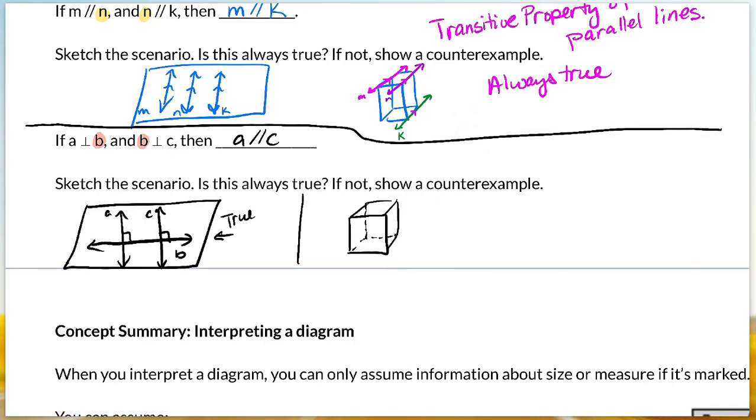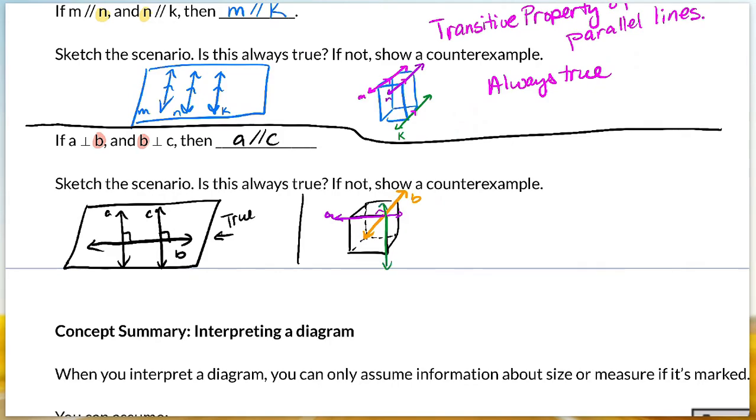So in this situation, let's say that B is over here on this edge. That's B. And let's say that this is A. And we can see that they are making a right angle in that corner there. And we could add C perpendicular to B. We could add it in different places, but one place that I love to put it is right here on the front edge.